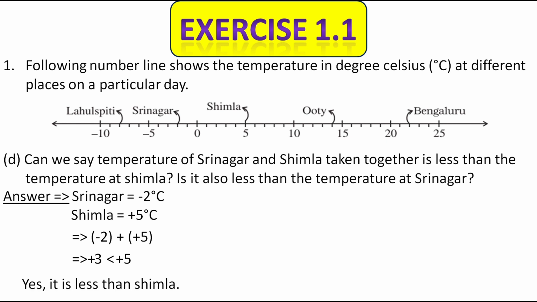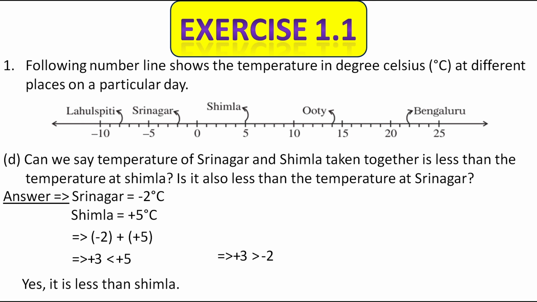Now what they have asked, is it also less than the temperature at Srinagar? See here, Srinagar has minus 2 degrees centigrade. When we compare plus 3 and minus 2, we know that plus 3 is greater than minus 2. So we can't say that it is less than the temperature at Srinagar.